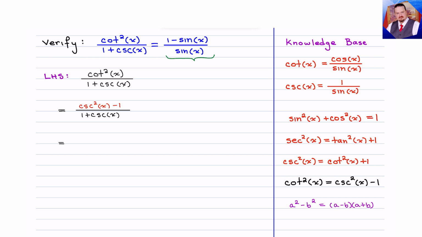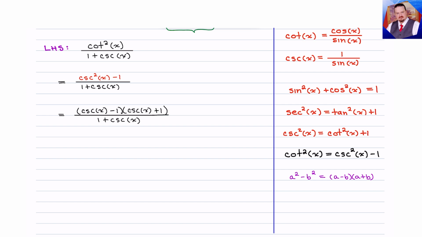So I'm going to apply that knowledge at this stage, and I'm going to get in the numerator cosecant of x minus 1 times cosecant of x plus 1, again over just the denominator. I'm not working on that now, so that's a recopy. And now once again, we saw it in the last version, cosecant of x plus 1 is the same as 1 plus cosecant x, so these will divide out, cancel.